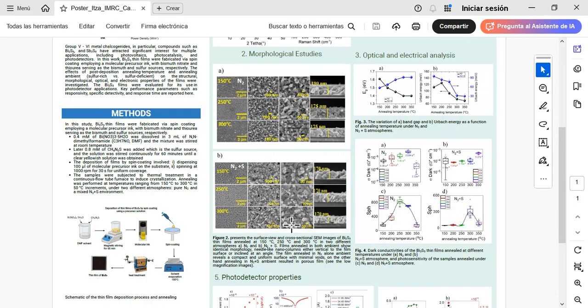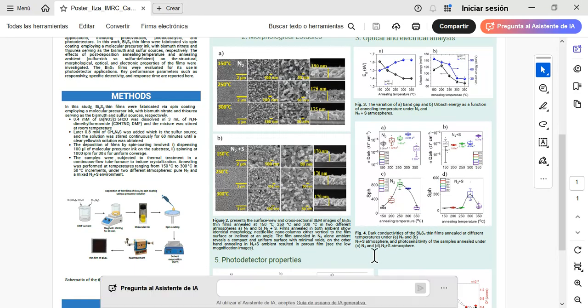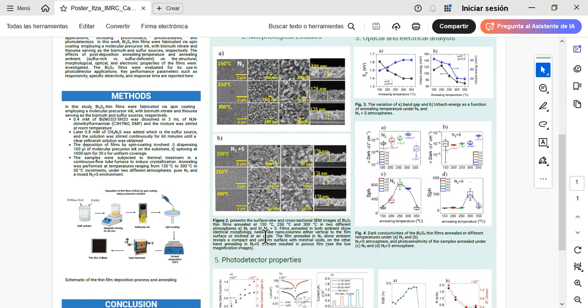See the low magnification images. In the cross-sectional SEM images, films annealed at 250 degrees Celsius under nitrogen atmosphere exhibit an approximate thickness of 180 nanometers, which remains largely consistent across different annealing temperatures and ambient conditions.